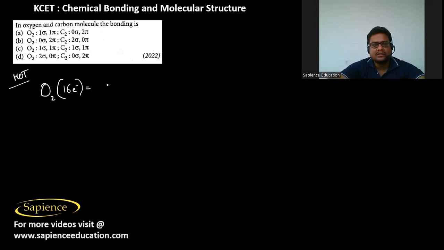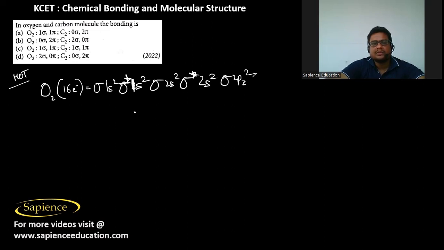So the configuration will be sigma 1s2, sigma star 1s2, then sigma 2s2, sigma star 2s2, then sigma 2pz2, then pi 2px2 equals pi 2py2, and then pi star 2px1 equals pi star 2py1.